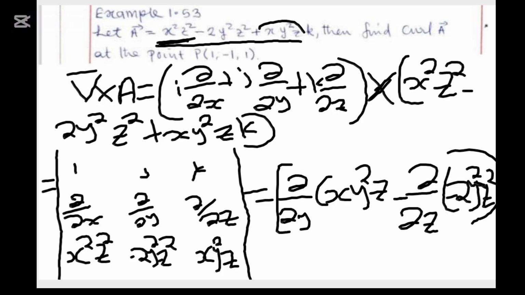So this is for the value of i. So we have to go for the value of j.